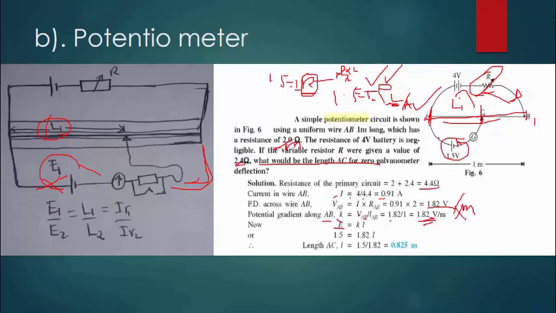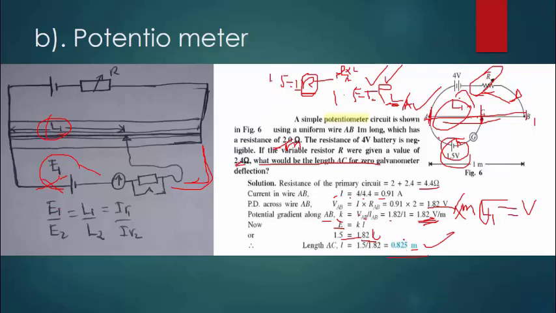So tunakubaliana kwamba lazima to multiply na length fulani ili kupata potential difference. So we have 1.5 equals potential gradient ambayo ni 1.82 times L1. So finally solving for L1 unakuja kupata L ni sawa na 0.825 meters or 82.5 centimeters.